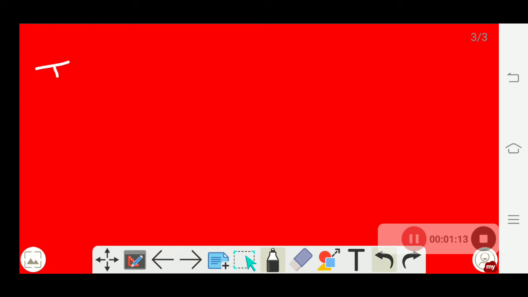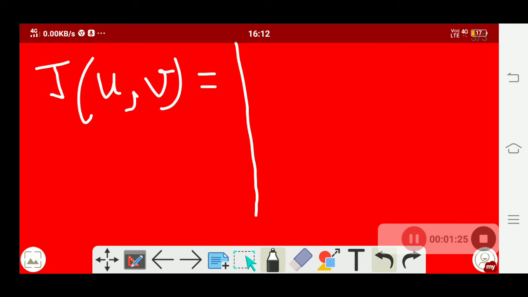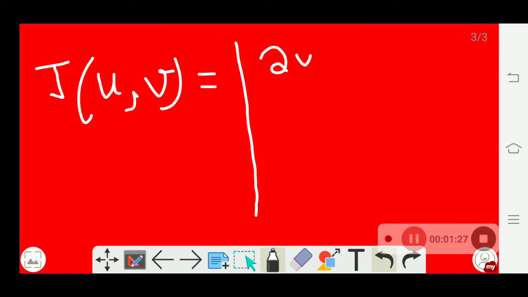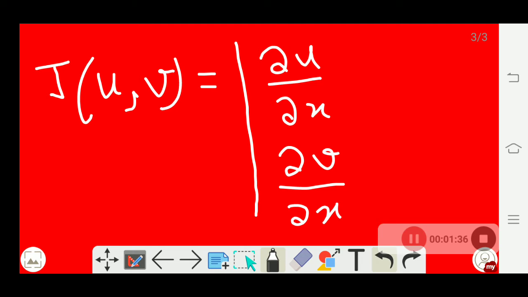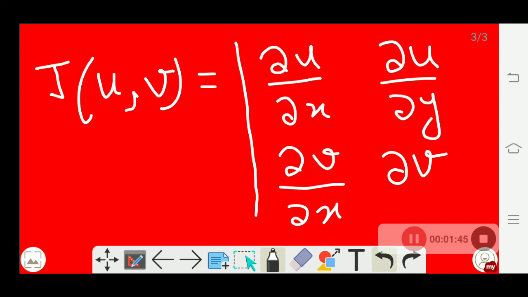J of u comma v is equal to the determinant with rows del u del x, del v del x, and again del u del y, del v del y.